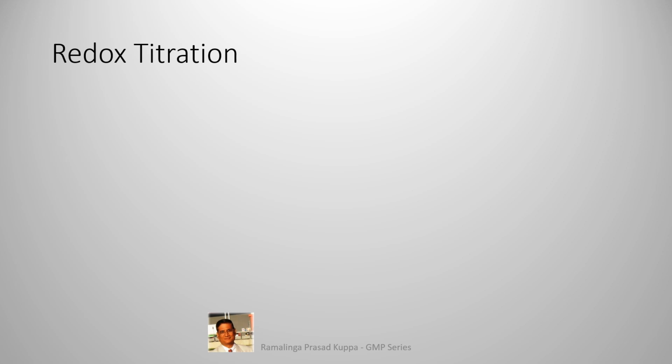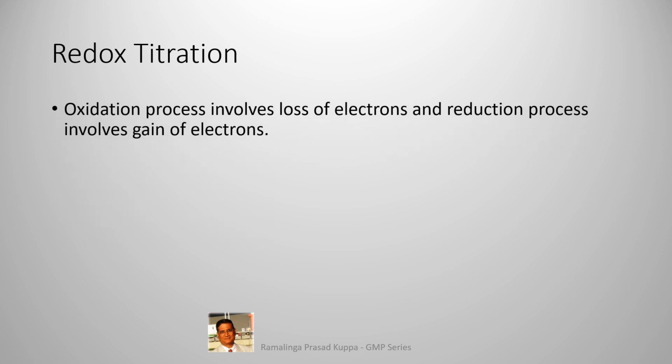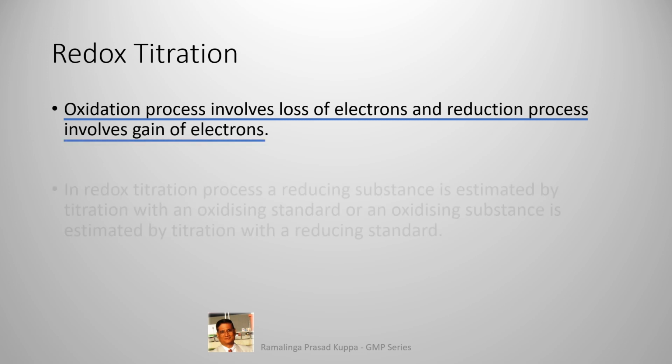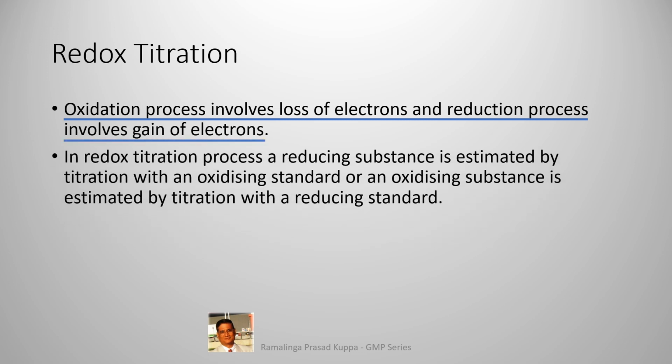Let us see what a redox titration is. Oxidation involves loss of electrons and reduction involves gain of electrons. In a redox titration, a reducing substance is estimated by titration with an oxidizing substance, or an oxidizing substance is estimated by titration with a reducing standard.